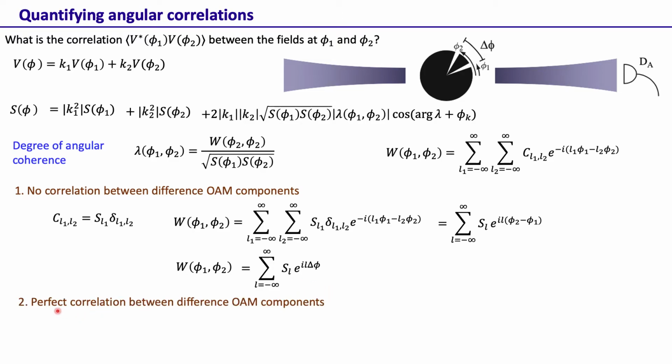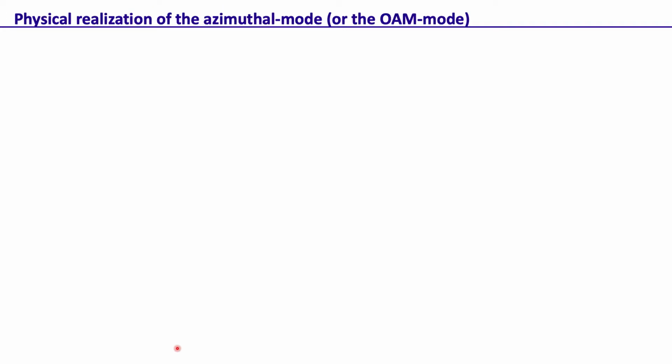We can have the second case, when there is a perfect correlation between different OAM components, and in that case C L1 L2 is alpha L1 star alpha L2. So it is just that the ensemble average is the same as the quantity itself. So that's when there is a perfect correlation.